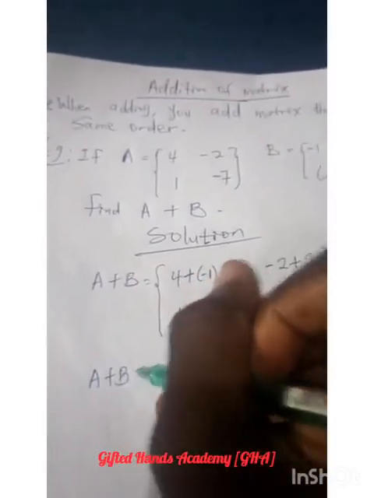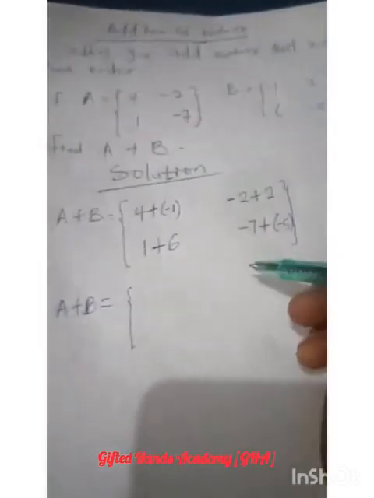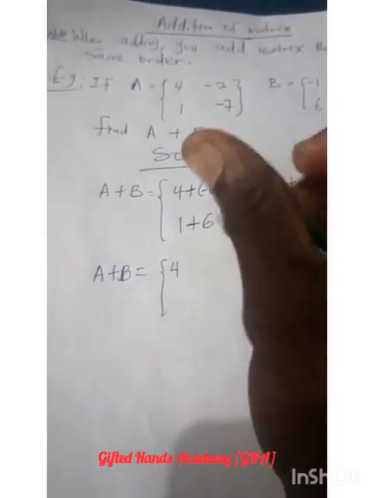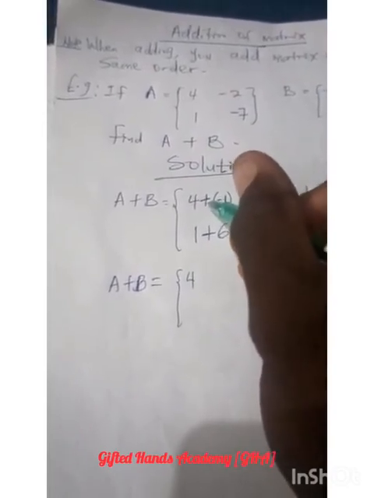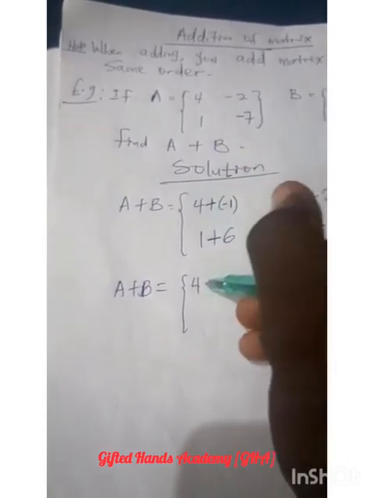So now, to get our final answer, A plus B, please follow more closely. That's why I had to deal with that basic operation of plus and minus. So I have 4. This is plus and this is minus. So plus times minus, like I've taught us before, plus times minus will give us minus.